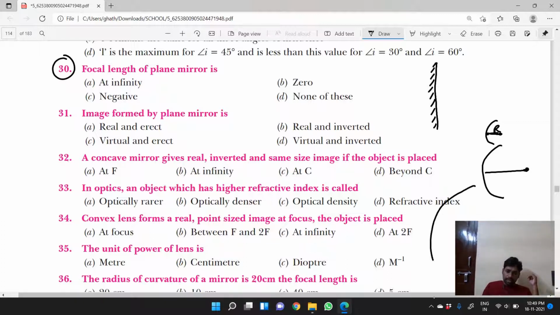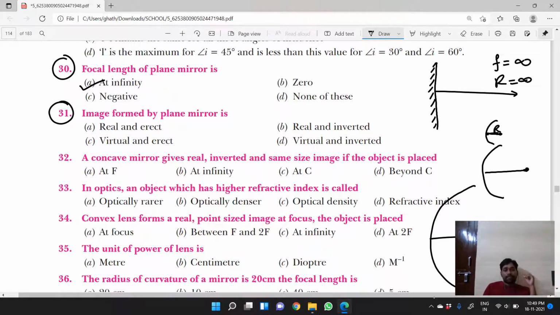If there is a very large mirror, there is a very high radius of curvature. A plane mirror is straight, so its radius of curvature is infinity. Radius of curvature is infinity, then focal length becomes infinity, because focal length is R by 2, and infinity by 2 is nothing but infinity only. So we will go with the answer at infinity, not 0 or negative.